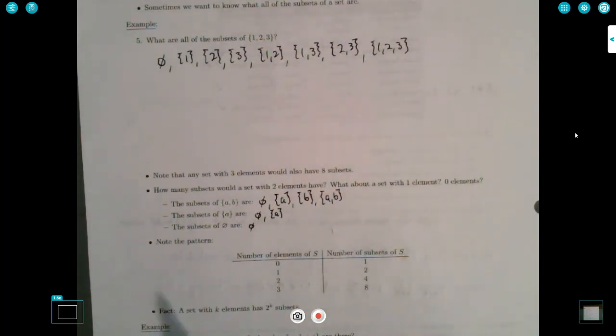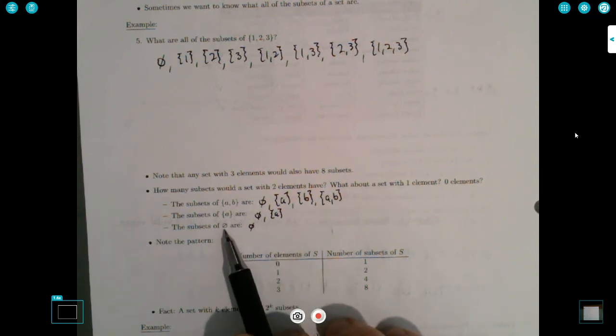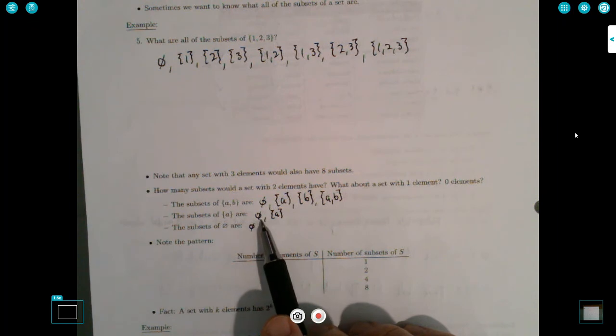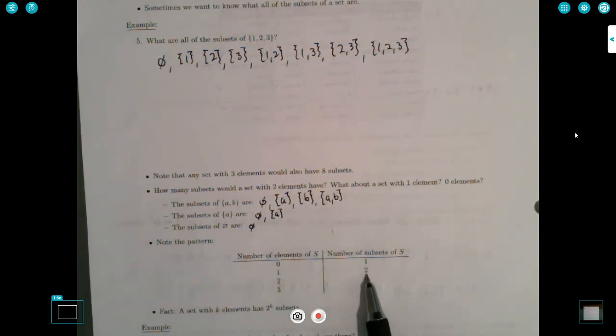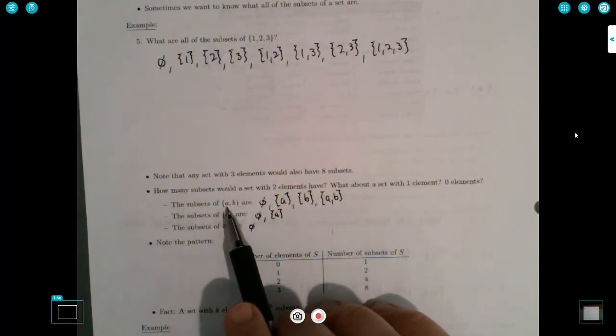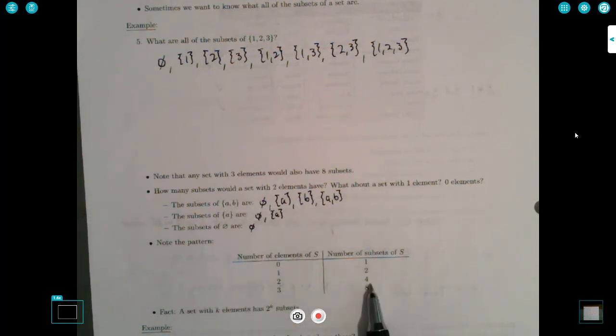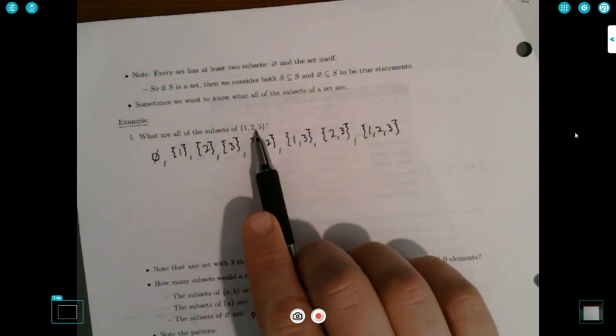So note the pattern. If your set has 0 elements in it, like the empty set, then it's going to have one subset, namely the empty set. If your set has 1 element in it, then it's going to have 2 subsets, the empty set and then the set itself. If your set has 2 elements in it, then it has 4 subsets. And if your set has 3 elements, then it has 8 subsets.